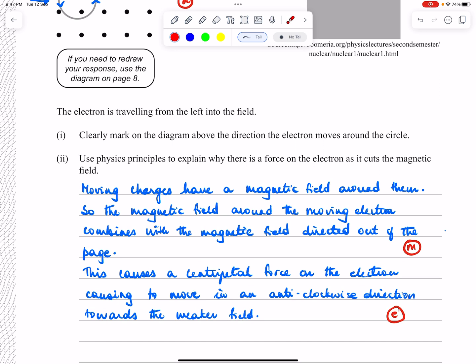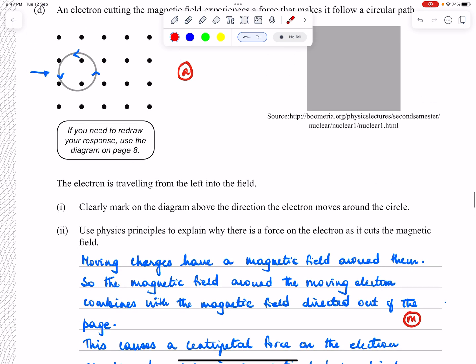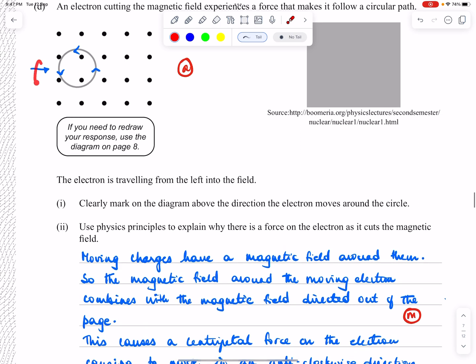So, here's the answer. Whenever you have charges that are moving, these moving charges constitute an electric current if it's contained in a wire, and you know that any current carrying wire has a magnetic field around them. Similarly, even if they're not contained in a wire, moving charges will have a magnetic field around them. So what happens is now you have your moving electron with a magnetic field around it.